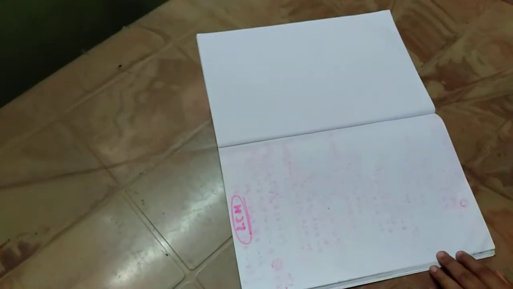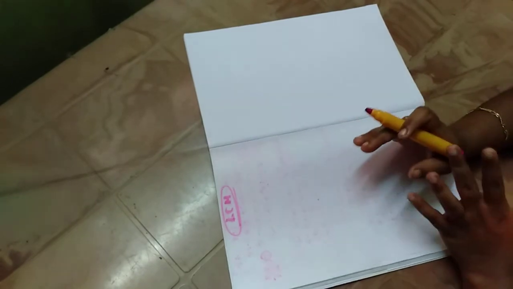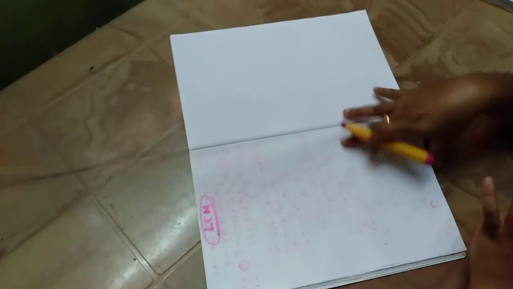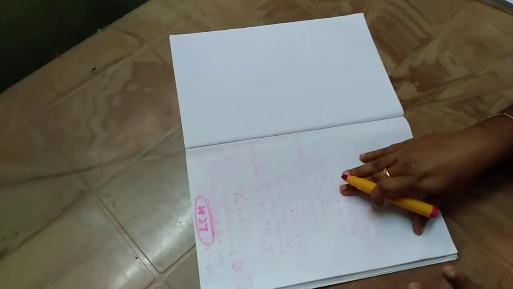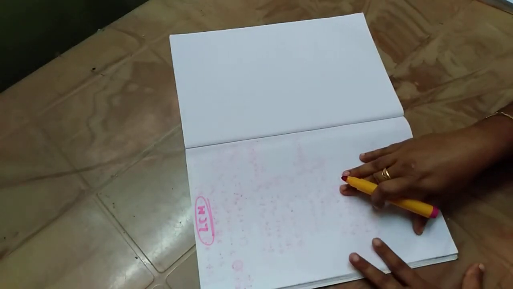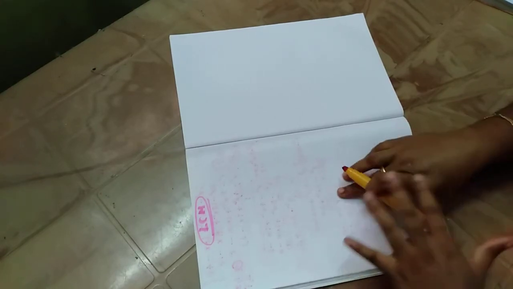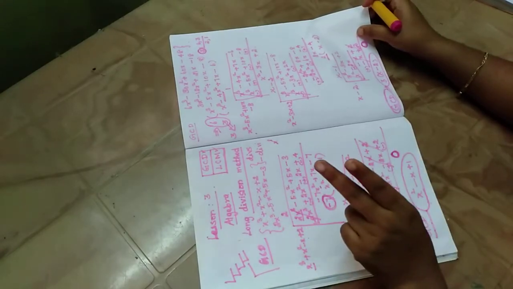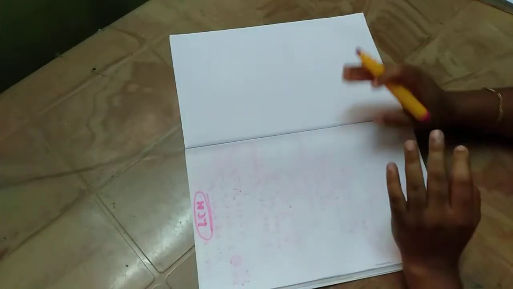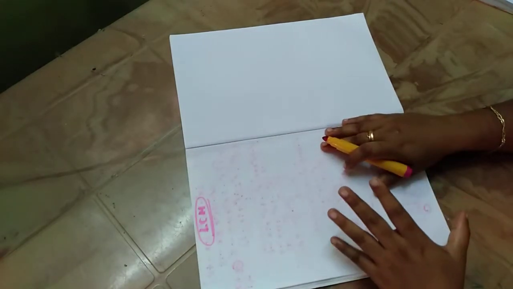So LCM, you all know the full form: least form. GCD means greatest form, LCM means least form. Okay, so let's see some problems on how to find the LCM. In GCD they might give 2 polynomials to you. In LCM there will not be polynomials, terms will be there.